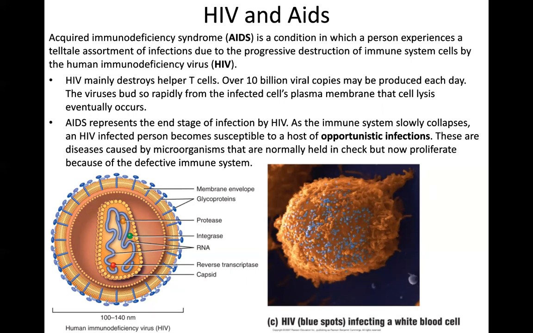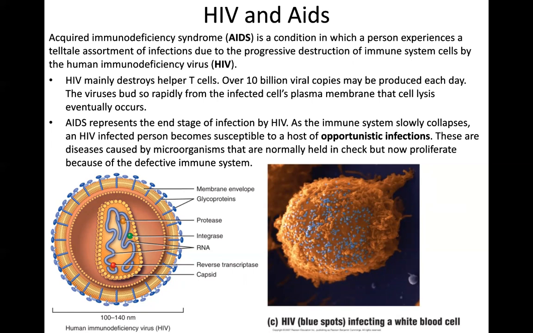And so essentially what happens over time is those helper T cells start dying off, and as a result, our acquired immunity starts to be deficient. And that's why they call it immunodeficiency syndrome. Your immune system is not working to its highest capacity, which then can lead you to get sick more easily, to what we call opportunistic infections.